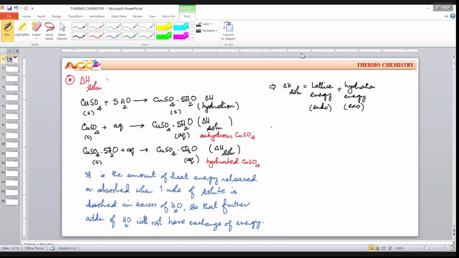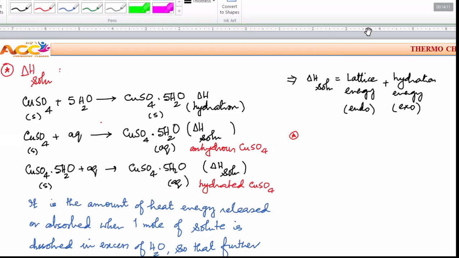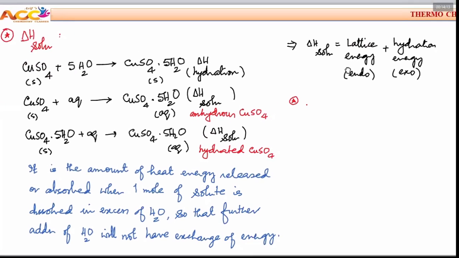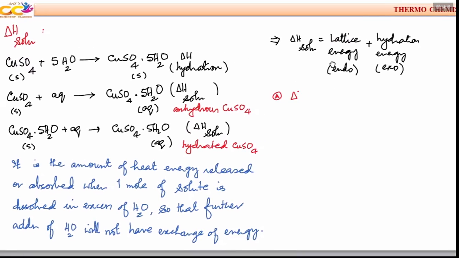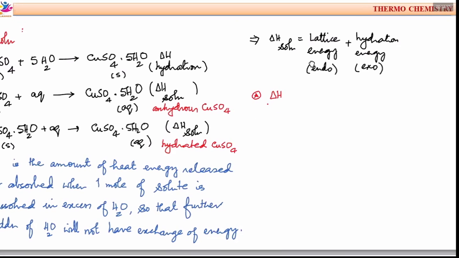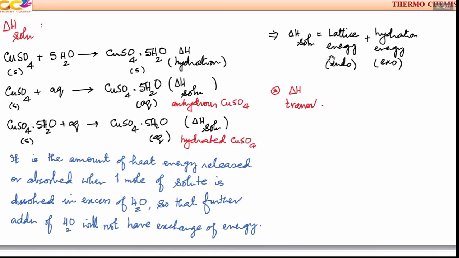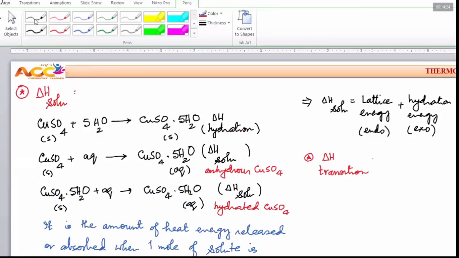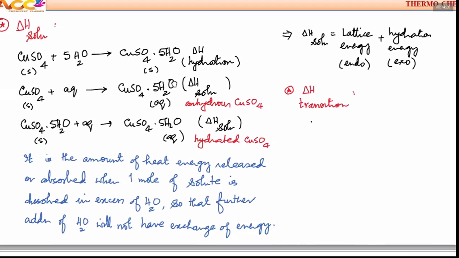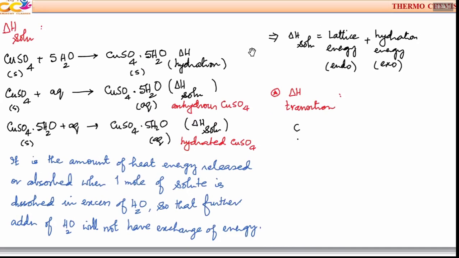Next, there is one more last definition available here. Okay, we can take one more. These are all useless things, but in the syllabus it is named enthalpy of transition. What is this? It is the amount of heat energy released or absorbed when you are converting one allotropic form of a substance to another allotropic form of the substance, right?